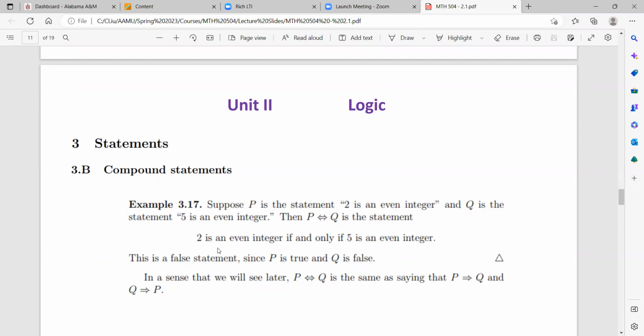That means 2 is an even integer if and only if 5 is an even integer. This is a false statement, because P is true, and the other statement, Q, is false. They don't have the same truth value. Once again, you don't have to read this whole sentence and think about what it means, you just use the definition.